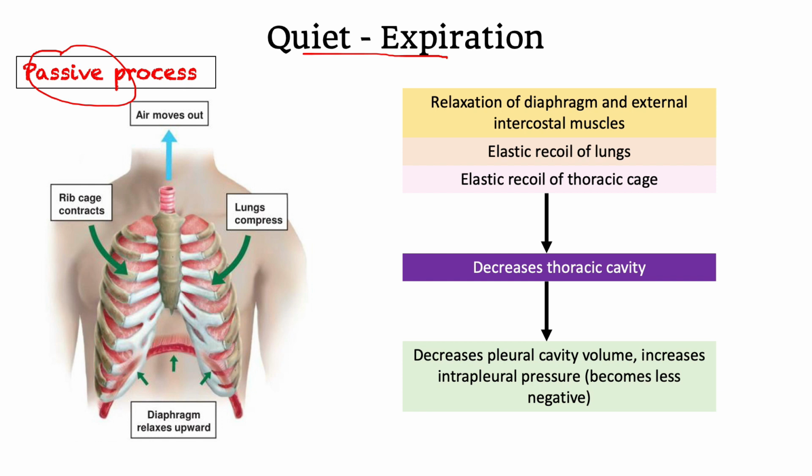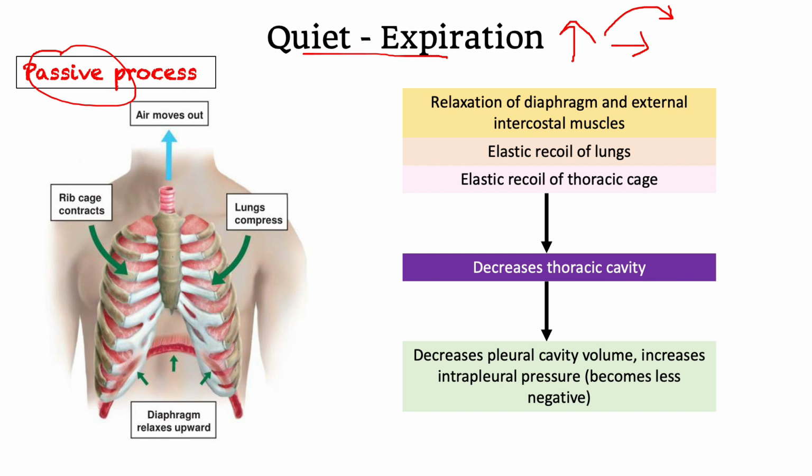The aim of expiration is that we want the pressure inside the alveoli to be higher than the atmospheric pressure. If it's higher than the atmospheric pressure, then the air inside the lungs will go outside the lung.